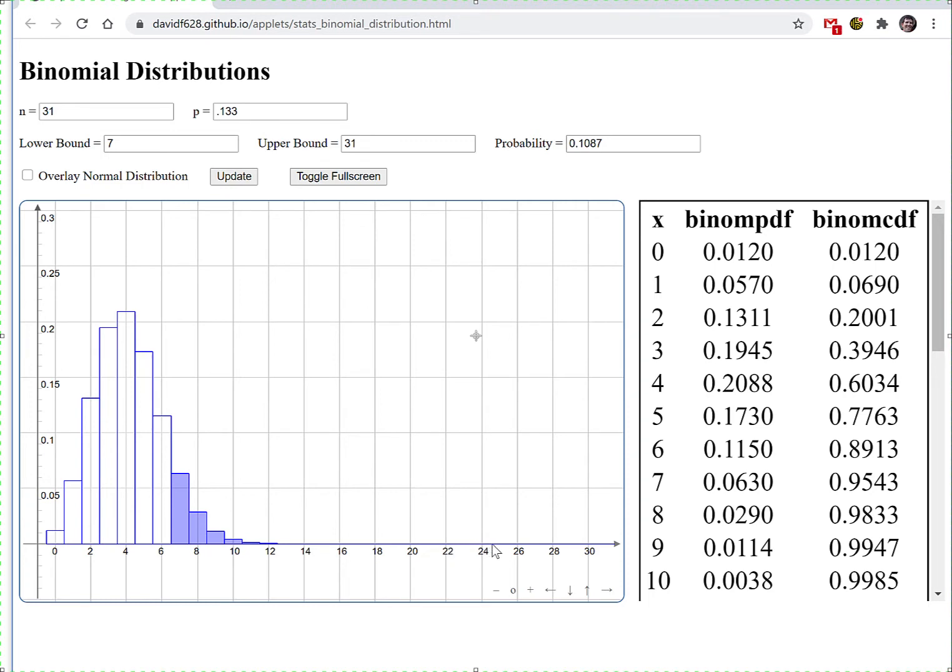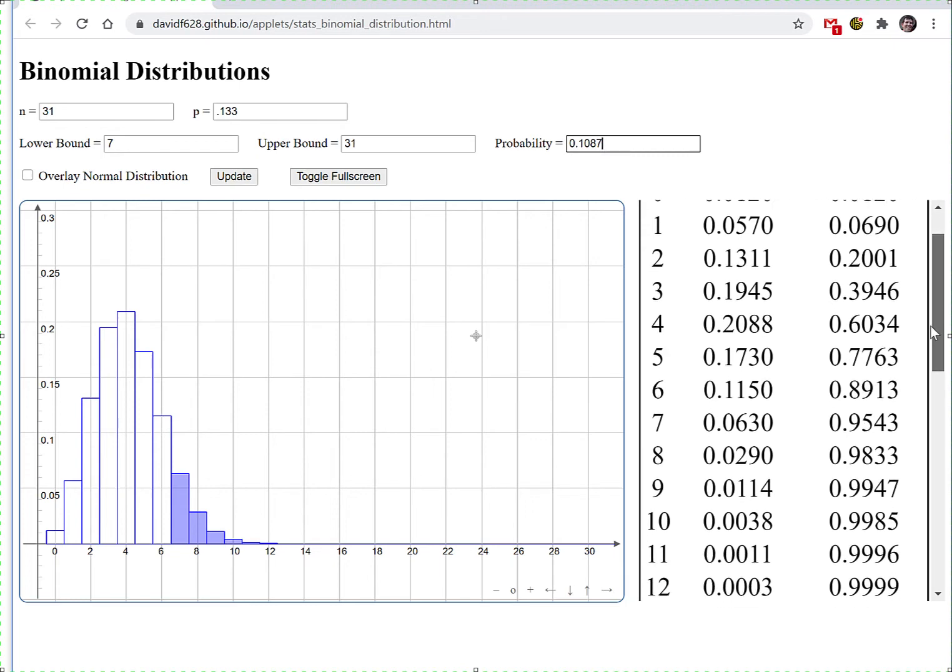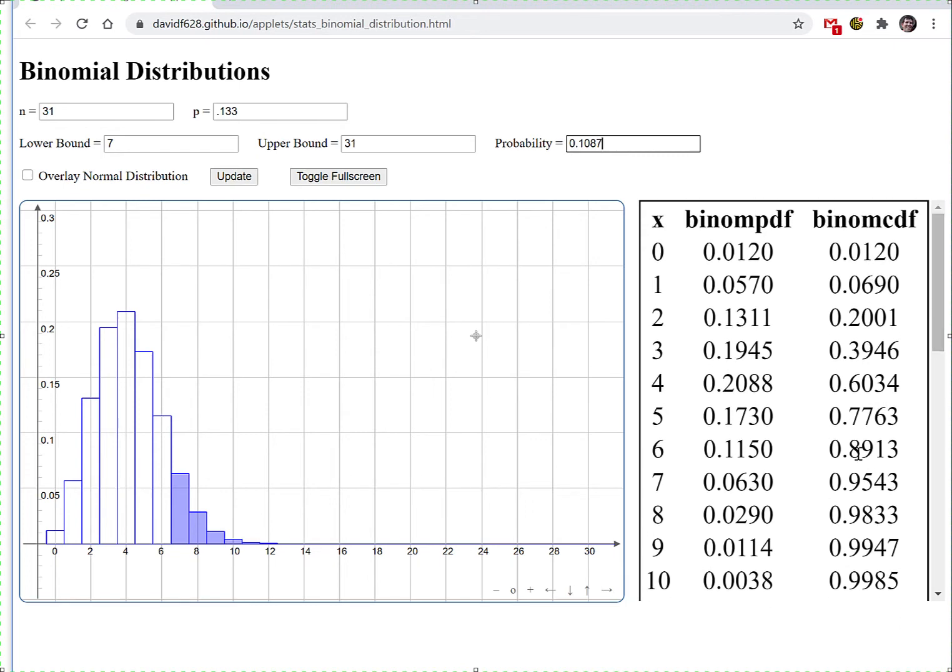Notice that these probabilities get very small as you get past around 12 or so, which is not uncommon with binomial distributions. The sum of all of those is what we're looking for, which is 0.1087.